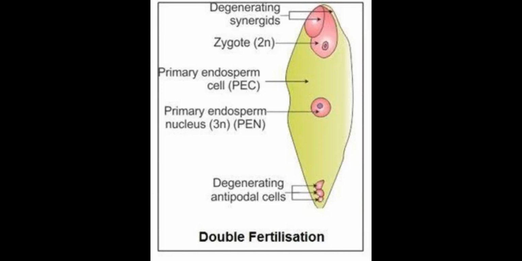Correct, two cells. Can I have the names of those two cells? Correct, egg cell and central cell.